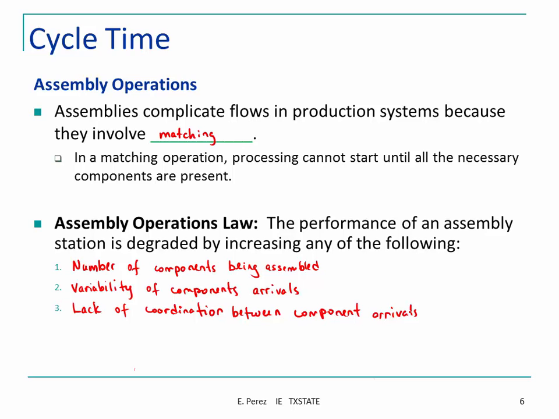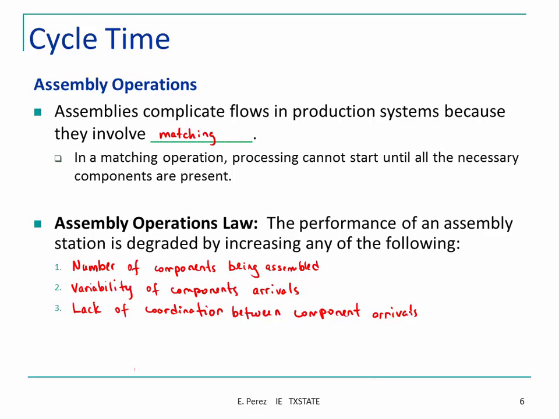Okay, the more components you have, most likely the more you're going to have to wait to get the whole thing together. Variability of component arrivals and the lack of coordination are kind of related. Both of them are going to prevent the arrival of the parts at the required time. A lack of coordination between component arrivals means that sometimes you're going to have to produce a sub-assembly in order to put it into your final assembly.